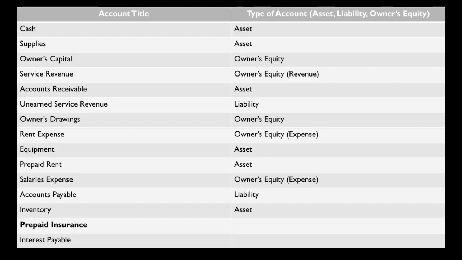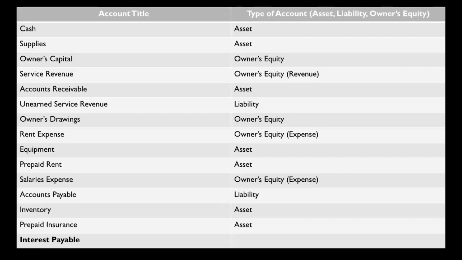Now, prepaid insurance. This is under a similar category as prepaid rent. So this is when you pay for an insurance policy for more than 1 month at a time. And so that's another asset. Now, interest payable. Once again, we see that word payable.